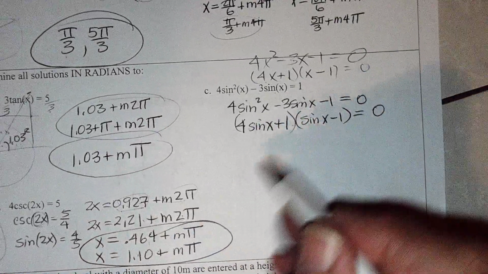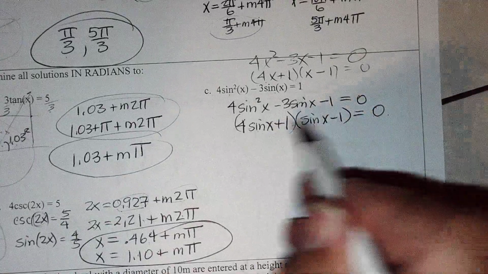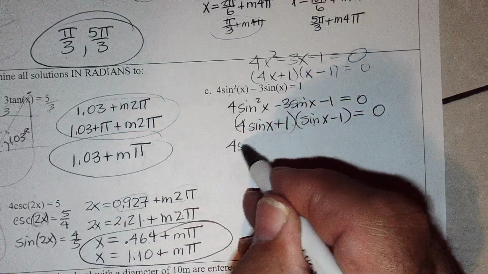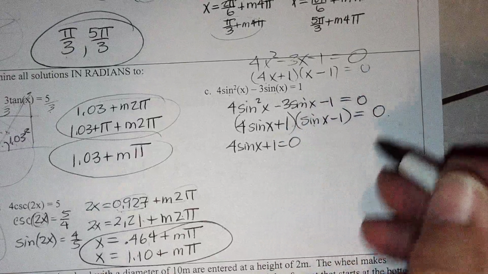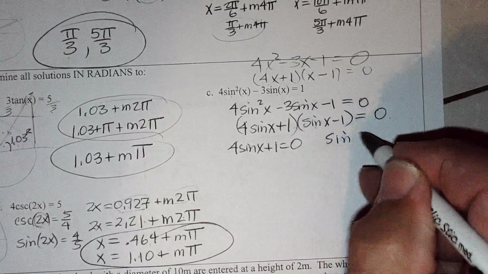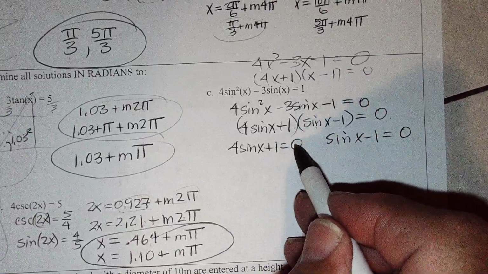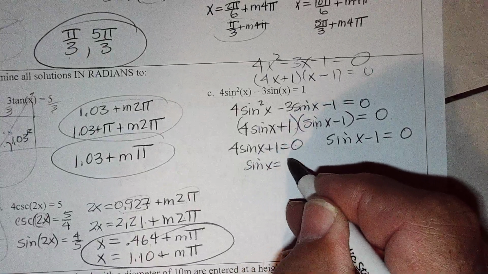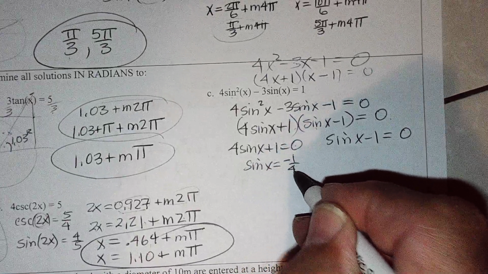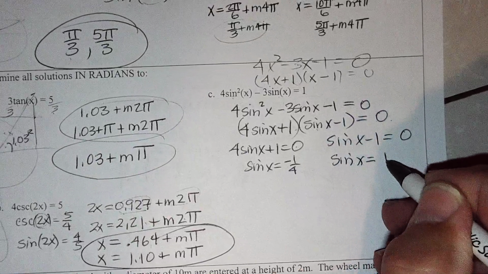And if these two multiply to be 0, then either 4 sine x plus 1 equals 0, or sine x minus 1 equals 0. So if I subtract 1 and divide it by 4, I get sine x equals minus 1/4, or sine x equals 1.